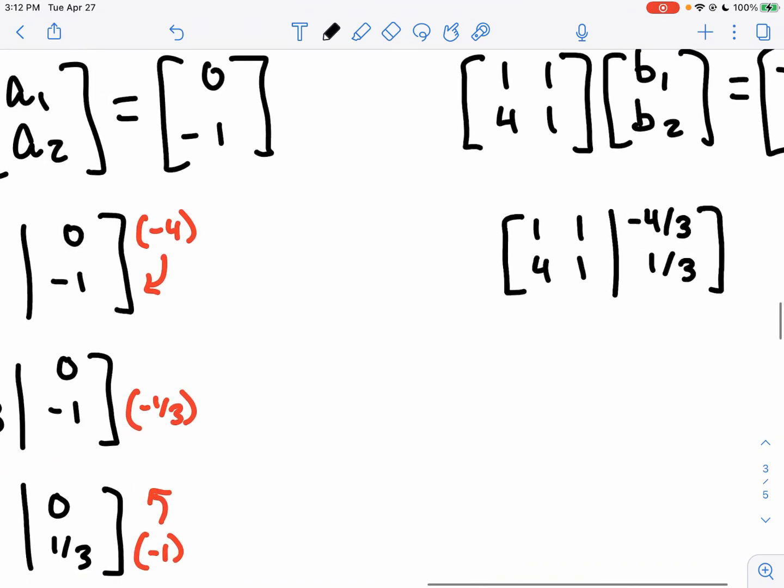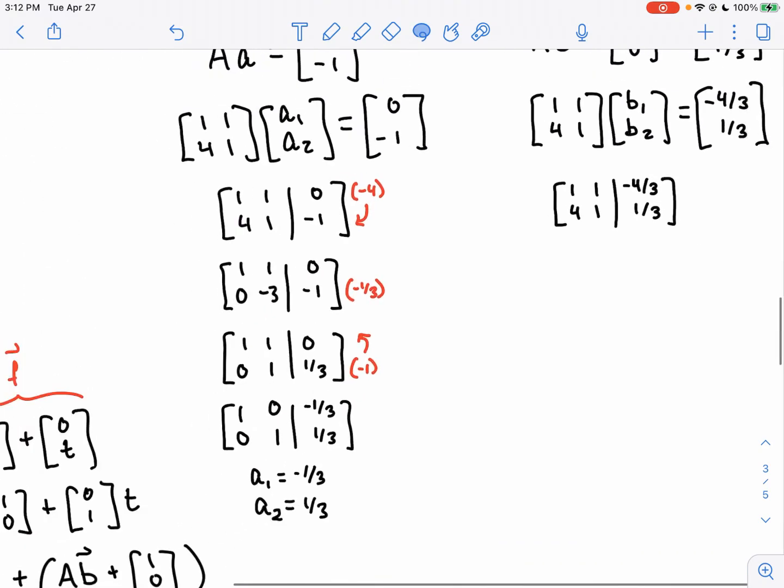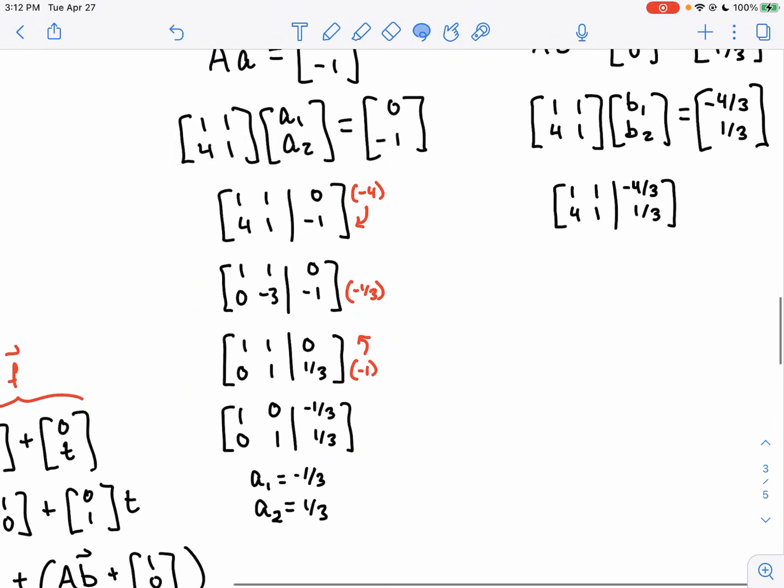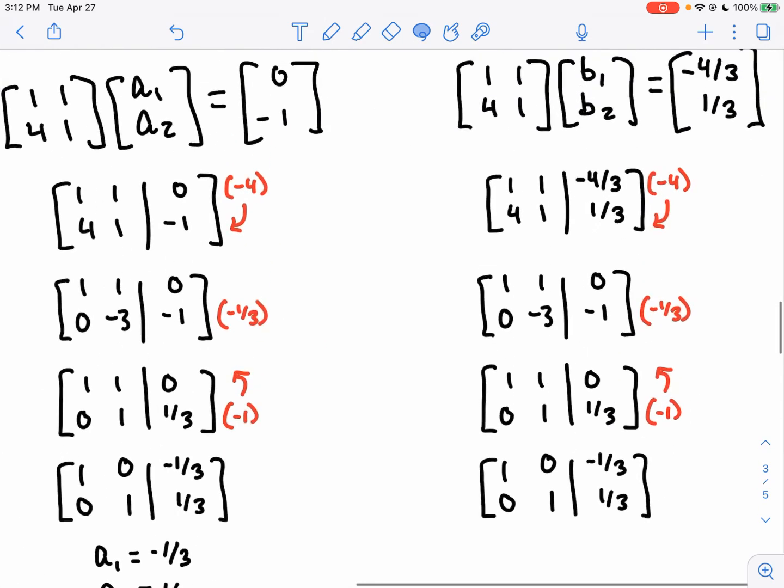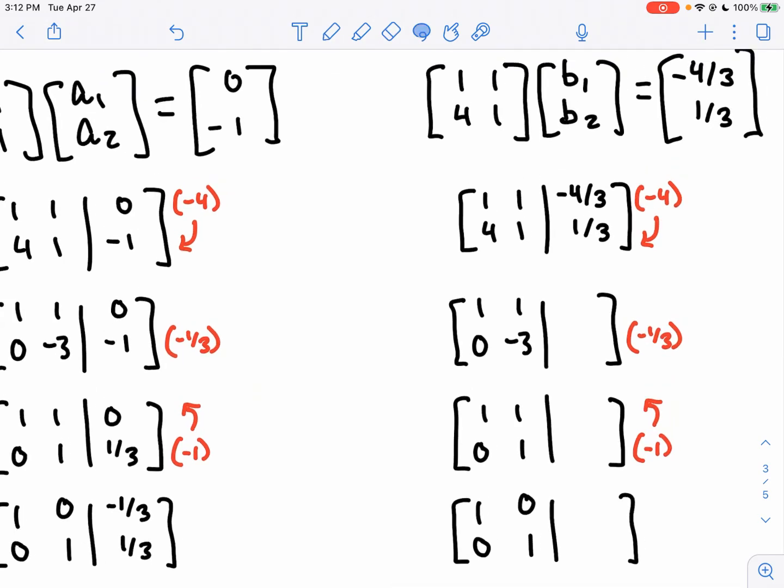I'm going to do a lot of these same row operations, in fact, so I'm going to do some copy and paste. I believe it's the exact same steps I'm going to have to do, but we will get different results in this right hand column here. Okay, so we do -4. I'm just going to worry about what happens in this last column.